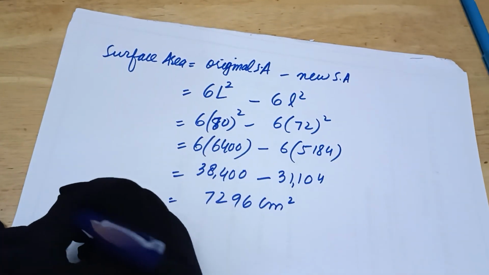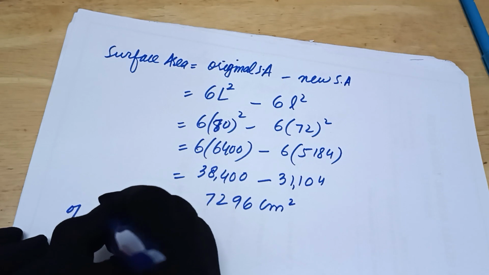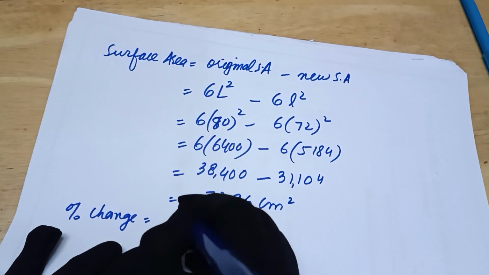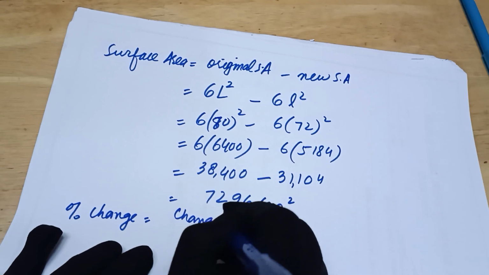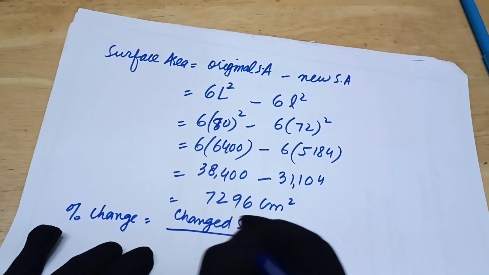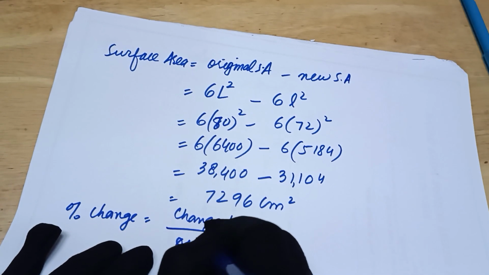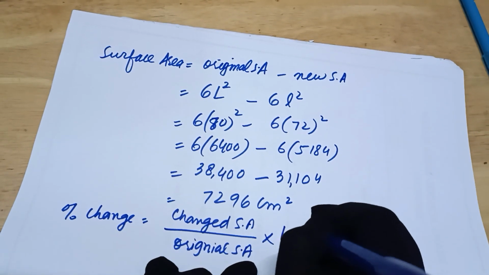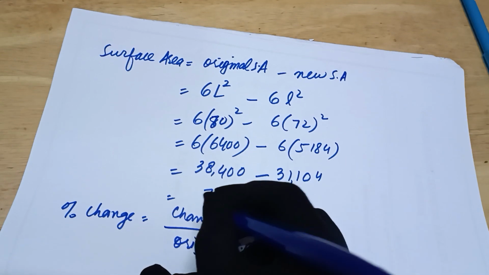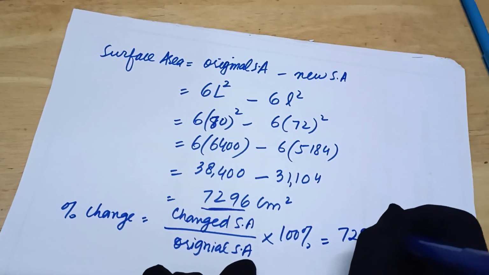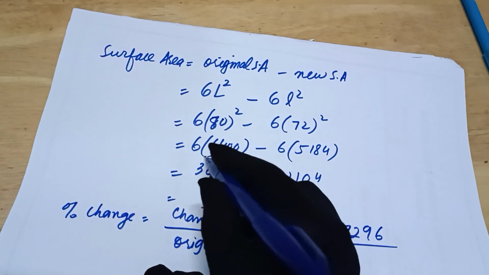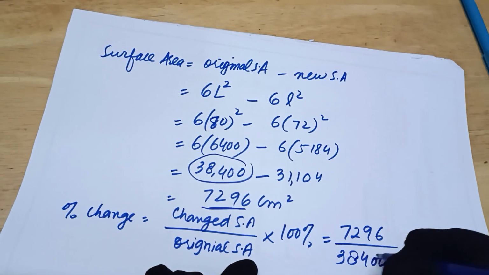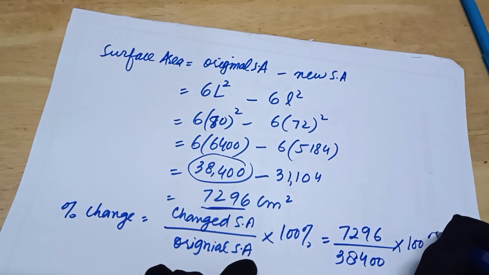Now if we need to find out the percentage change, we will write changed surface area over original surface area multiplied by 100%. So this was the changed value, this is the original value, multiplied by 100%.